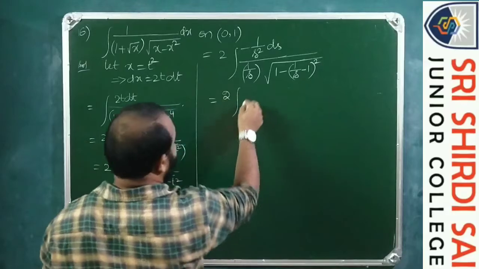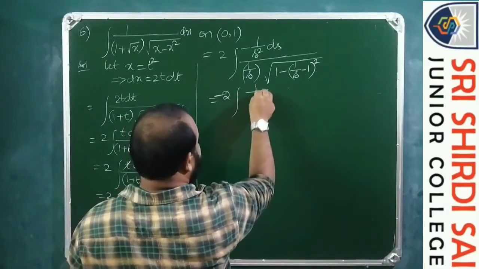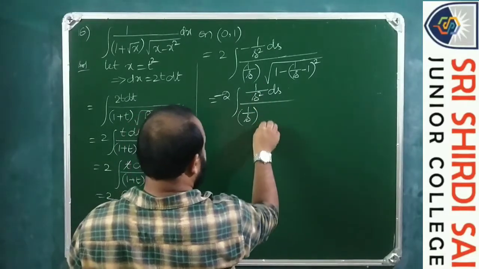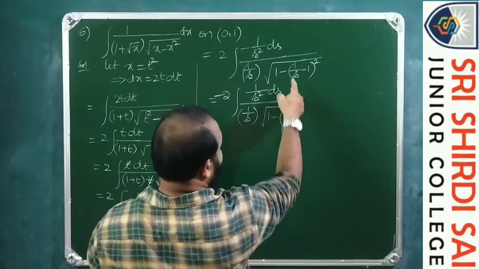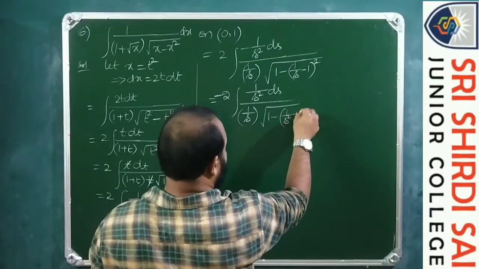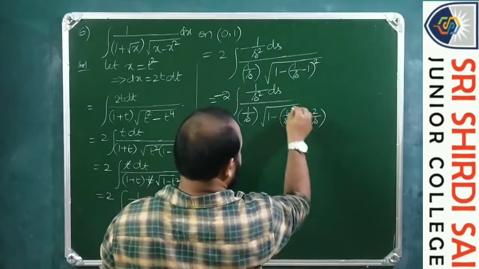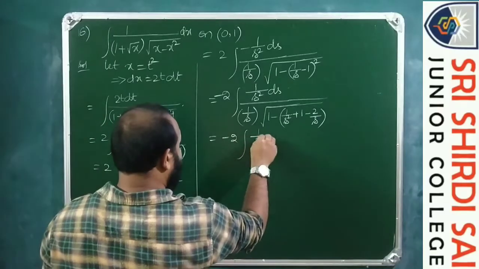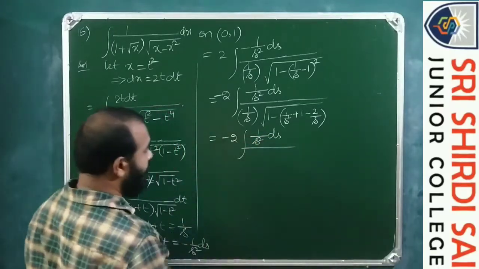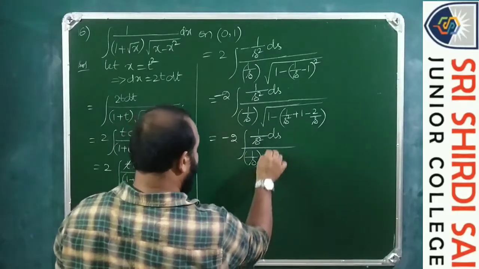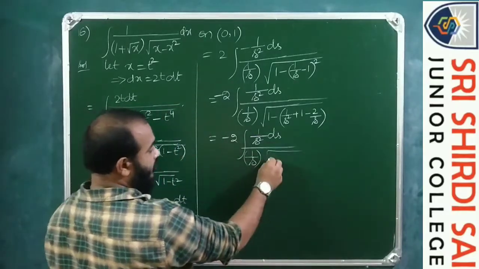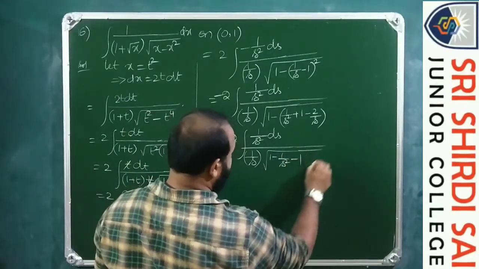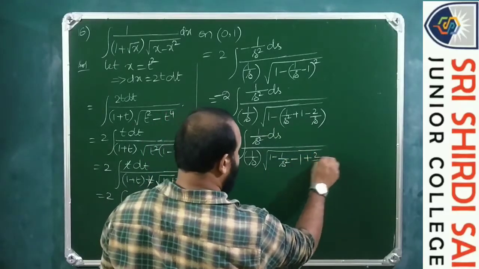So 2 integral minus 1 by s square ds by 1 by s into square root of 1 minus, expand, 1 by s square plus 1 minus 2 by s. This is equals to minus 2 integral 1 by s square ds by 1 by s into square root of, so here 1 minus 1 by s square minus 1, minus into minus plus 2 by s.